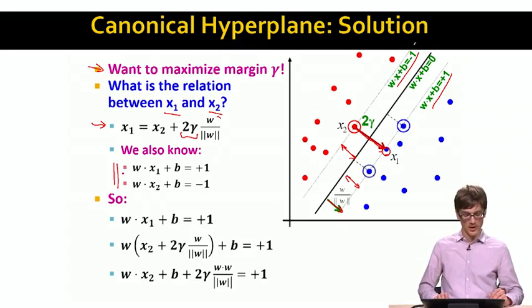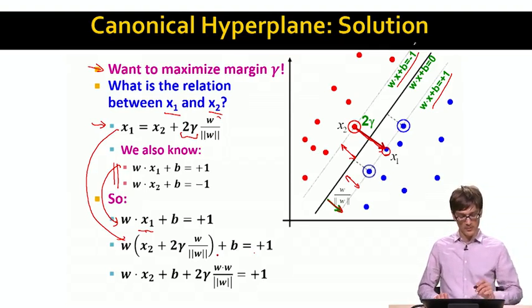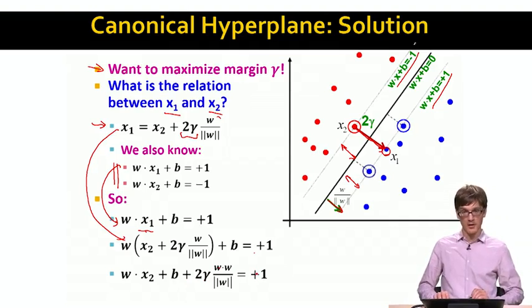I take the first equation, and I substitute x1 from the top equation to obtain the next one. Now if I multiply this through, I get that w times x2 plus b equals twice gamma, and then I have w times w equals plus 1.